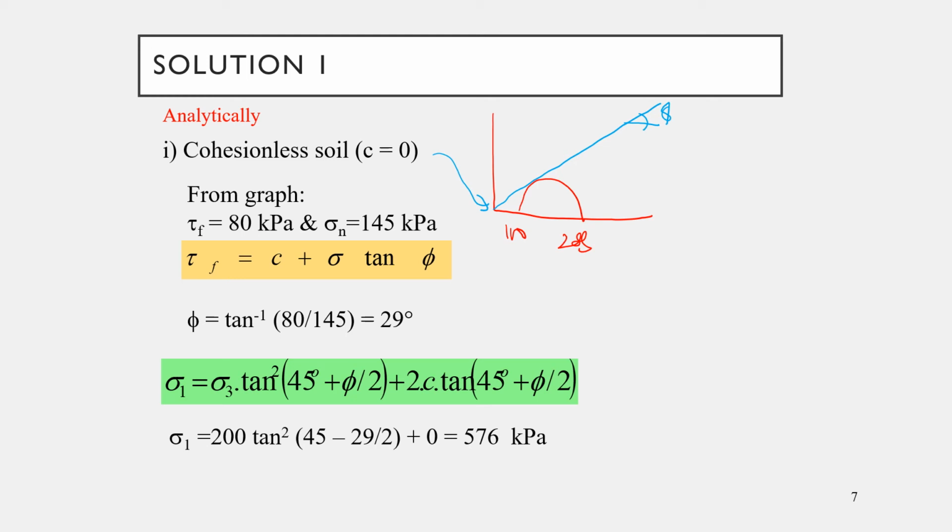So from the graph, this is where I told you that it can be a combination of graphical and analytical solutions to speed up your process. When plotting the first Mohr circle, you get the value of shear stress at failure here and the normal stress corresponding to the shear stress at failure. So from that, you get 80 kPa and 145 kPa.